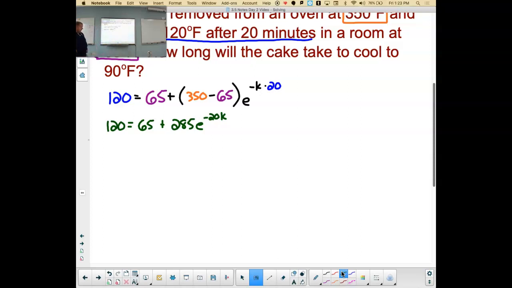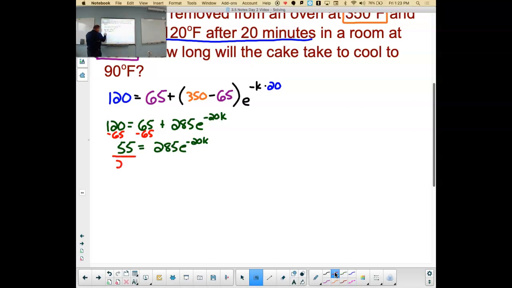Then I can subtract 65 from both sides. 55 is going to equal 285 e to the negative 20k. Let's go with minus 65 here, minus 65 there, just so I see what math I'm doing.